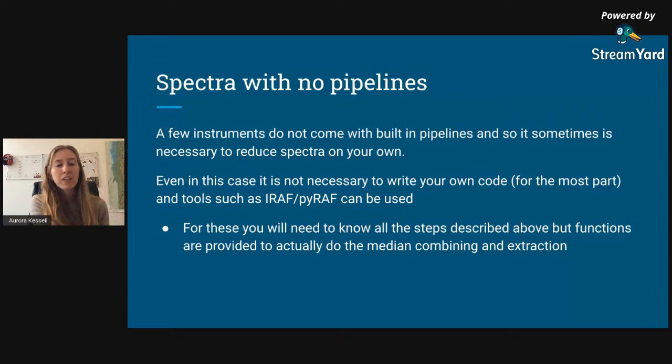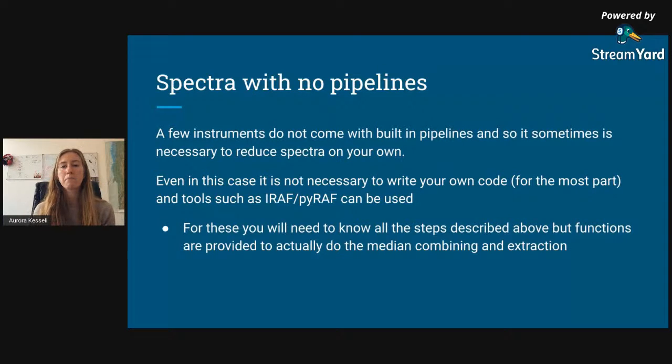But there are some tools that can be used to do this. For example, one that I've used before and that you might have used in a different observational class, even for images and not spectra, is IRAF, and there's a Python implementation, PyRAF.